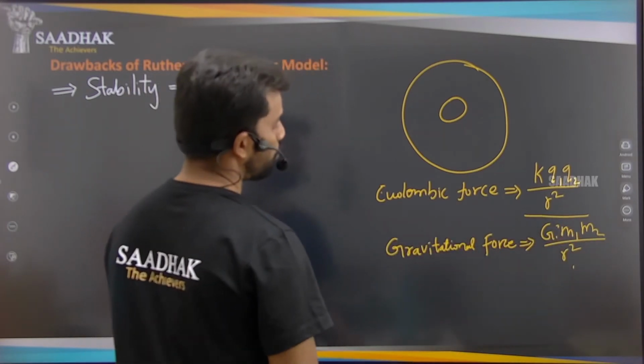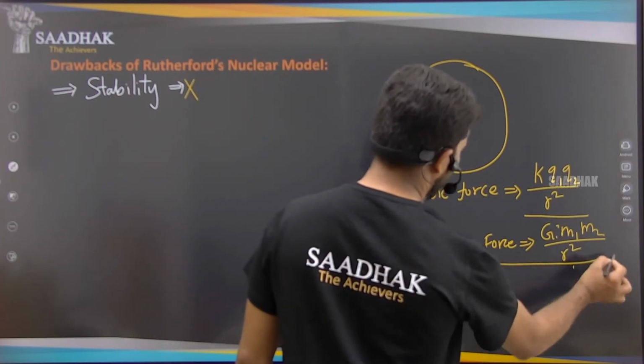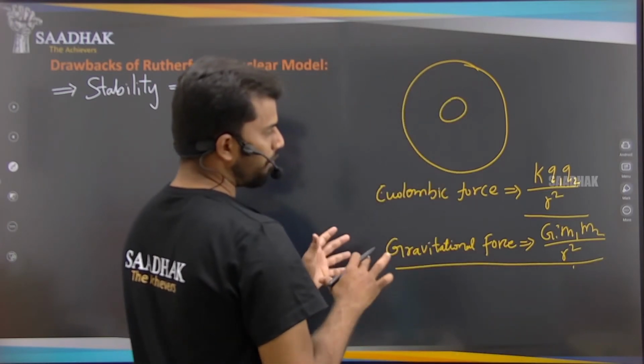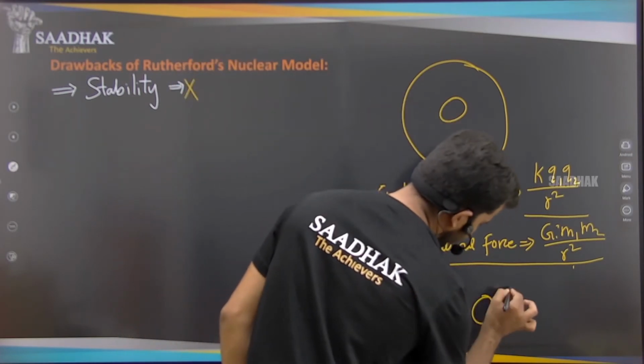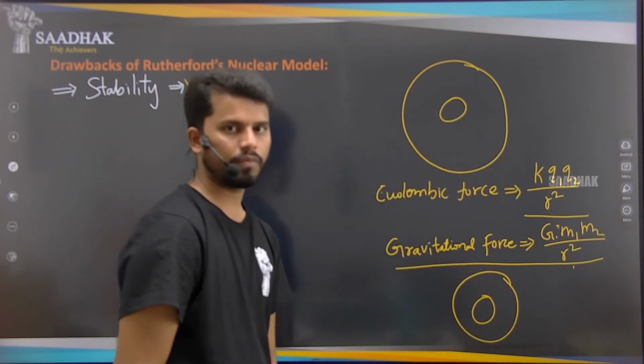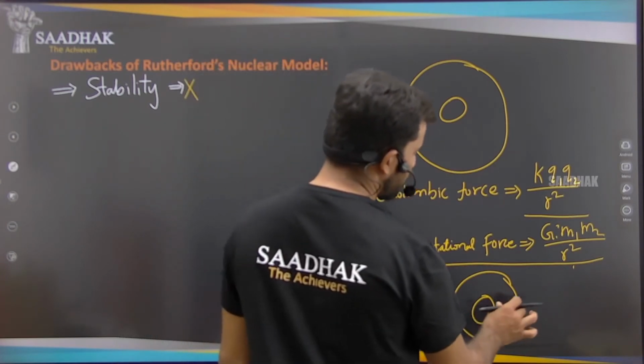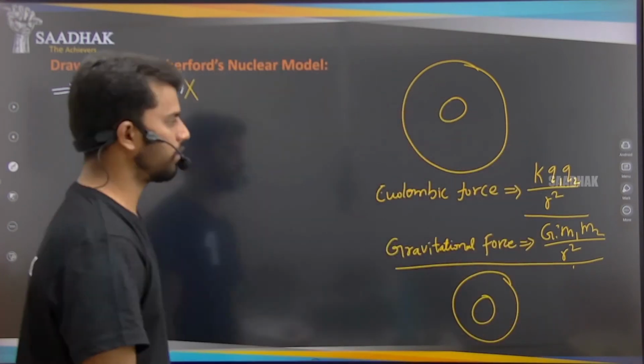This is the formula we use to find the gravitational force between the sun and the planets, or any two objects revolving in a circular path.